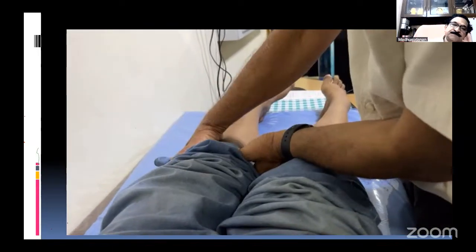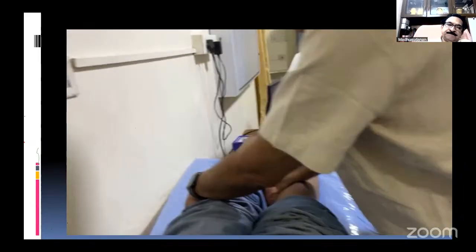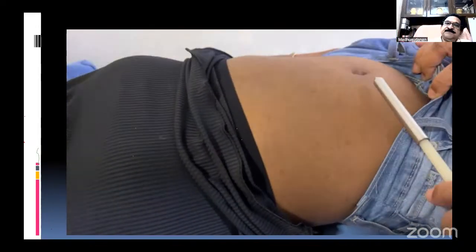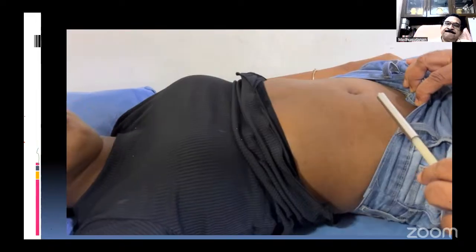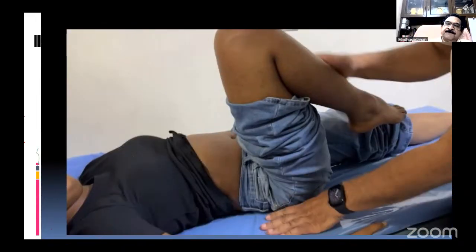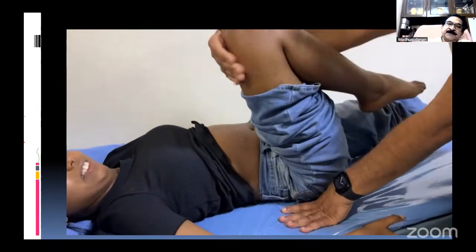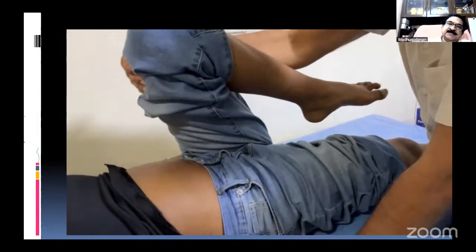Weaver's sign was positive. Hip flexion was weak bilaterally, more on the right side. Left side normal, right side was weak.